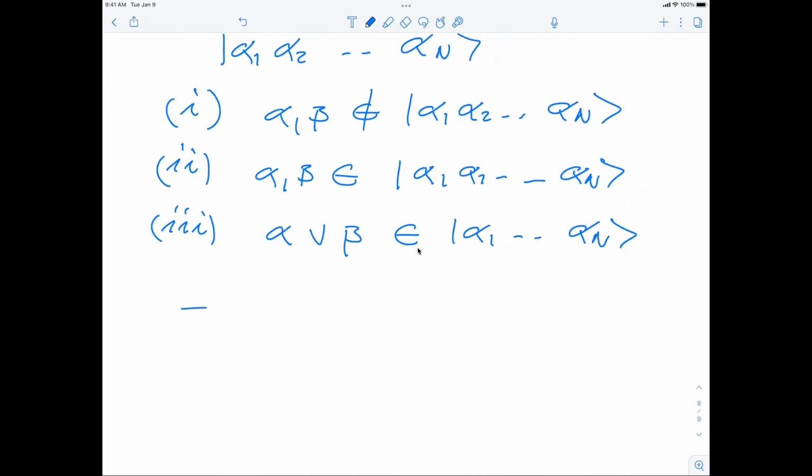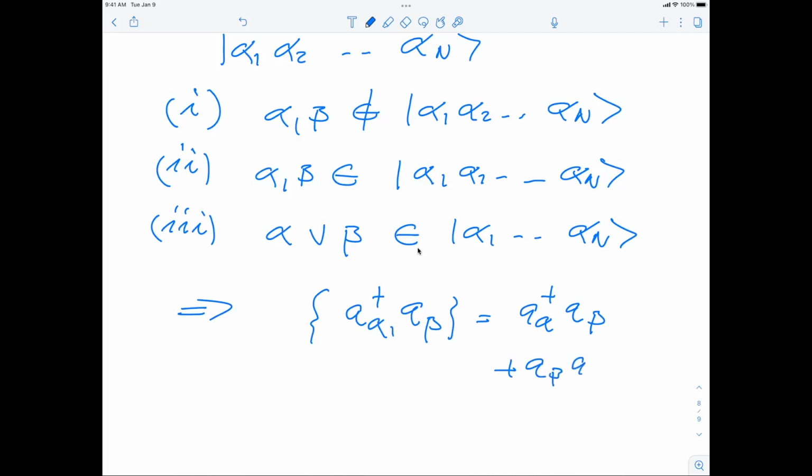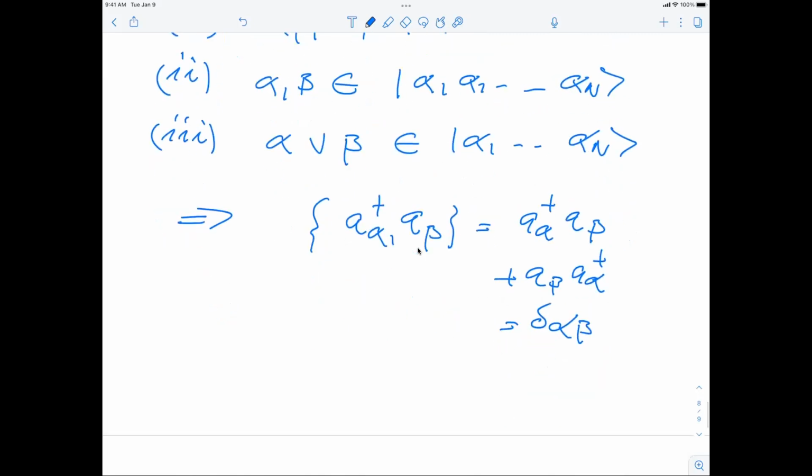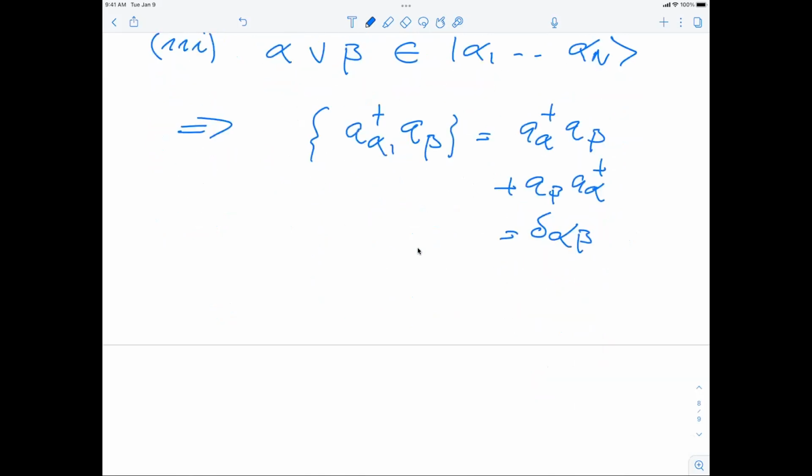When you repeat the same exercise as we did with alpha equal to beta, what you end up with is the anti-commutation rule of a_alpha dagger and a_beta, which is given by a_alpha dagger a_beta plus a_beta a_alpha dagger equal to delta_alpha beta. So these are the anti-commutation rules, which is more correct than calling them commutation rules.